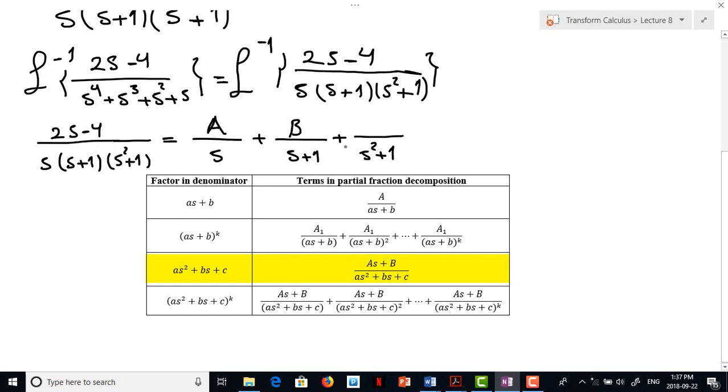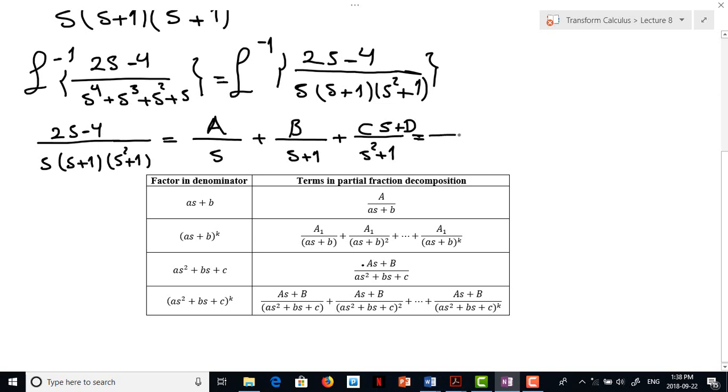As a result, we have to have a and b here, and they are already taken. So I use c and d. So we have Cs plus D. So now we have to find A, B, C and D.